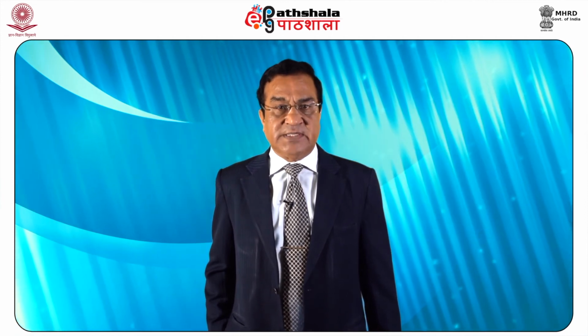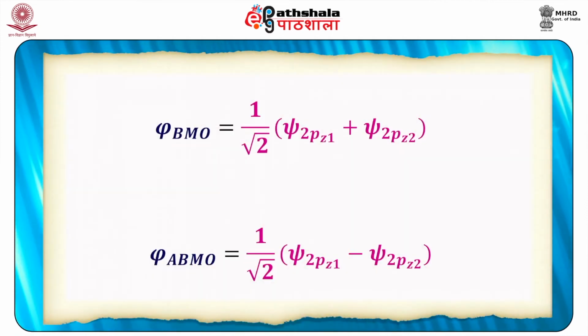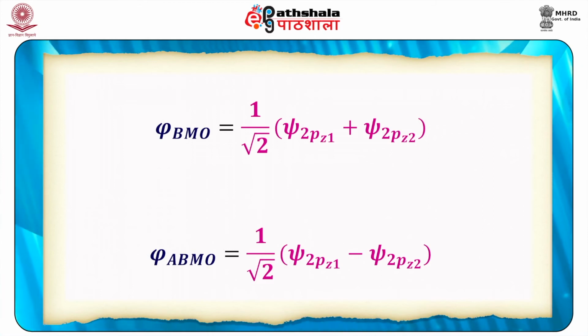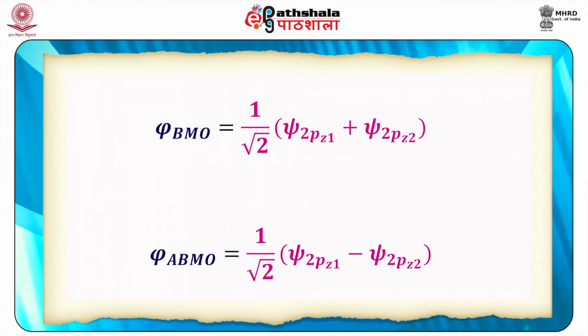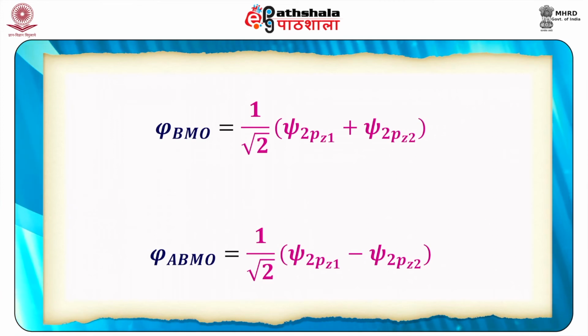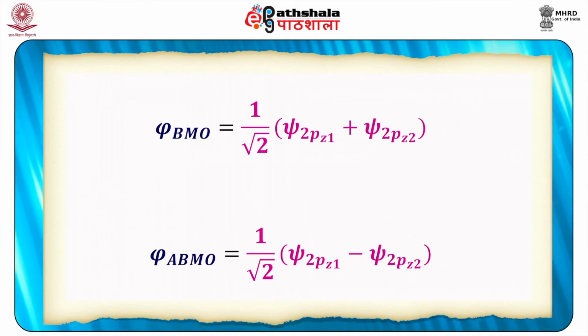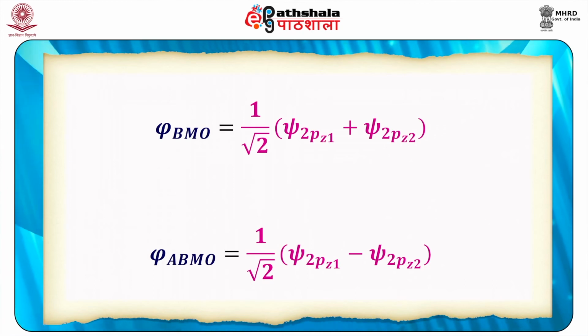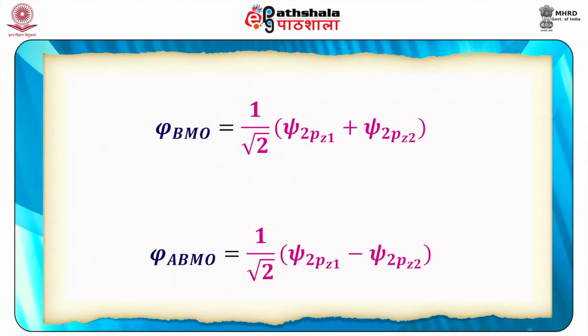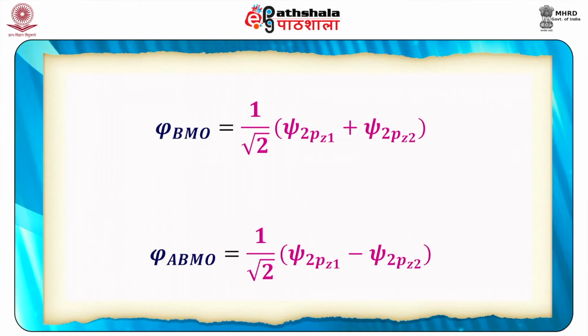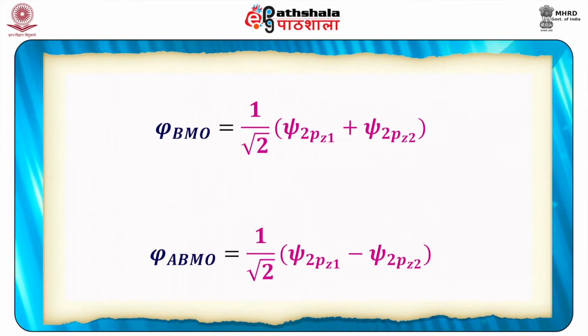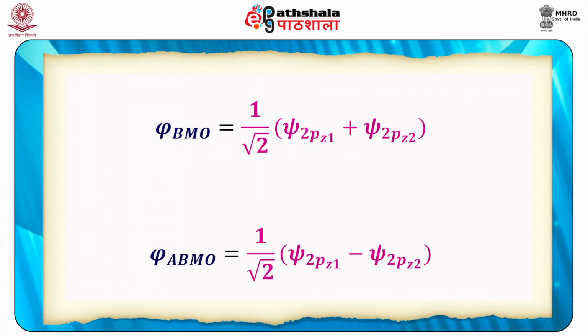So now you can see that the wave function for the bonding molecular orbital will be 1 upon under root 2 (psi 2pz1 plus psi 2pz2), and the wave function for the anti-bonding molecular orbital would be 1 upon under root 2 in parenthesis psi 2pz1 minus psi 2pz2.